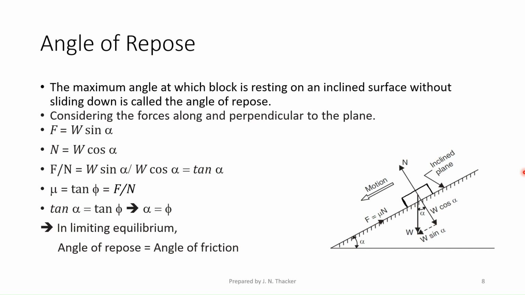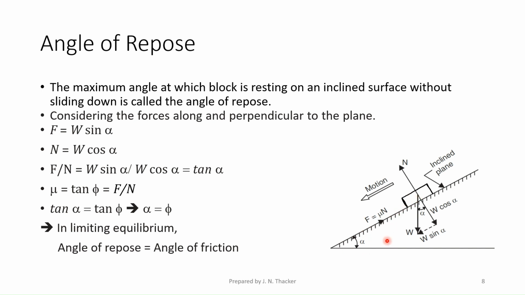Now let's understand angle of repose. The maximum angle at which a block is resting on an inclined surface without sliding down is called angle of repose. Now let us understand this with this figure. Here our surface is not horizontal, it is inclined at an angle alpha with the horizontal. Now as you try to increase this angle alpha, the surface becomes more and more steep, and there comes a point when the block starts sliding down the surface.